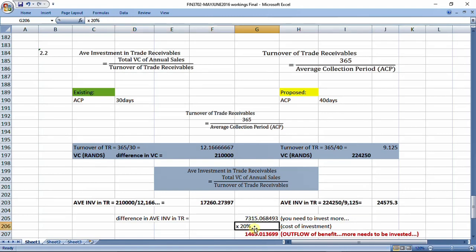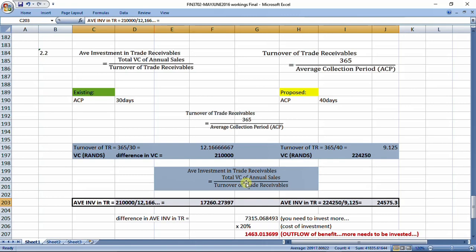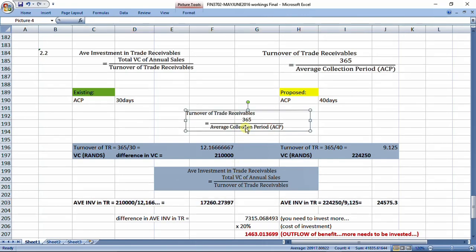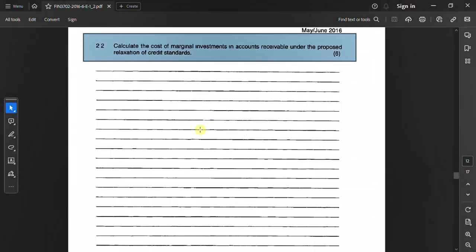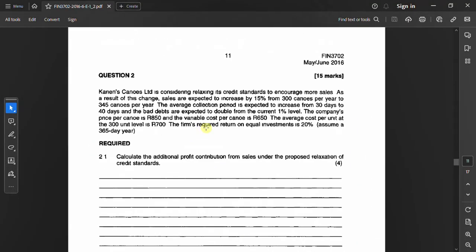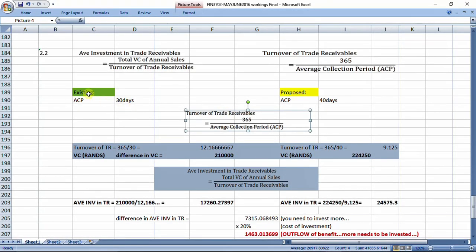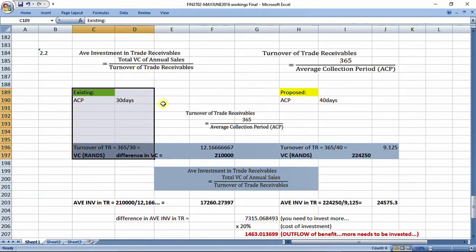Do you see that? Once I've written that down, I literally just read the question. The average collection period, I already know it's given in the question. This gives you an amount, and you're going to insert that amount into your denominator here. Do you see that? Your variable costs in terms of your annual sales, that you would have calculated previously. There's the variable cost.